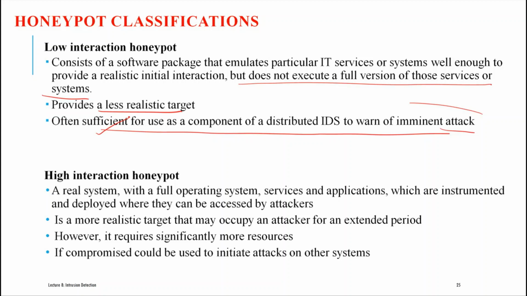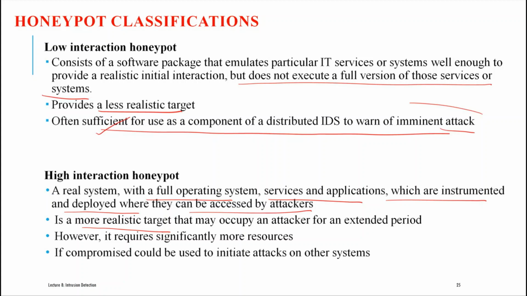Now high interaction means it is going to have a complete version of everything: a full operating system, services and applications, which are instrumented and deployed where they can be accessed by the attackers. So this will be a more realistic target machine. It will look like a complete server with all the features enabled, but in low interaction it will be less. So this is the difference between the low interaction and high interaction honeypot.